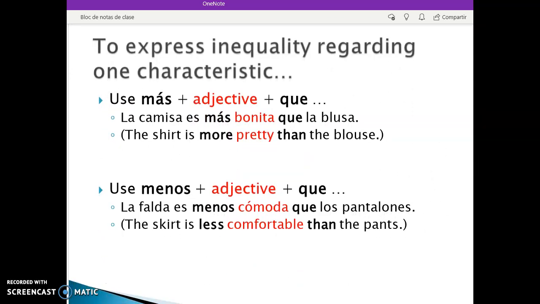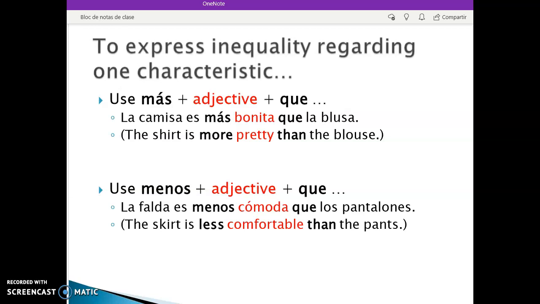So when you want to say that things are different, one of the things that you can use is más que, more than. But then you add an adjective to the sentence and you can say something like, oh, that dress is prettier than the other dress, or those boots are more stylish than the other boots. So more something than, and in English, it doesn't really make a lot of sense.